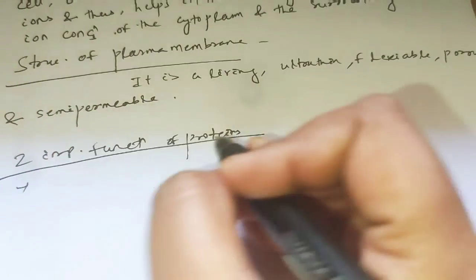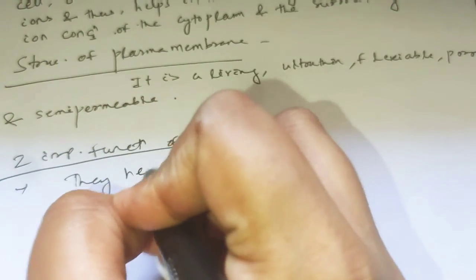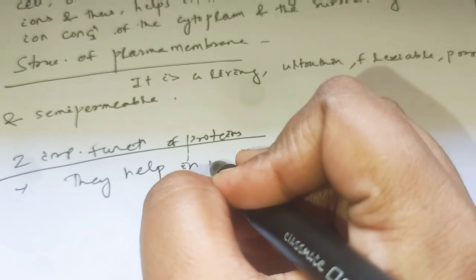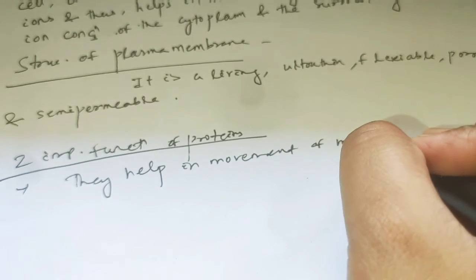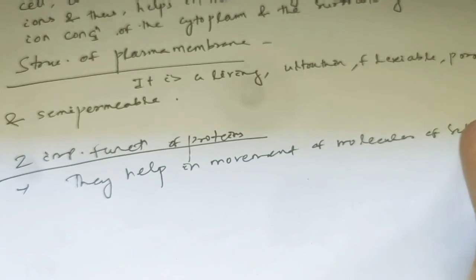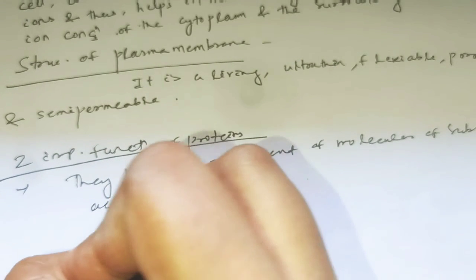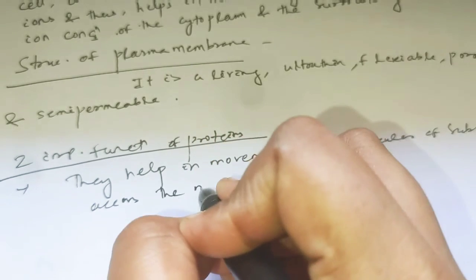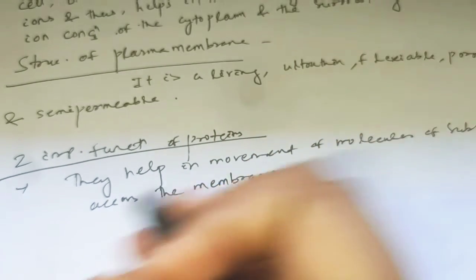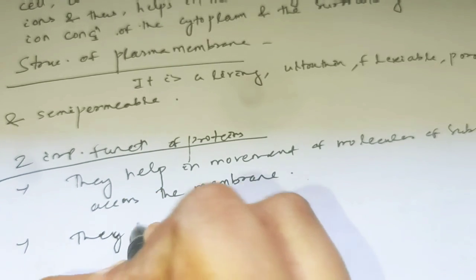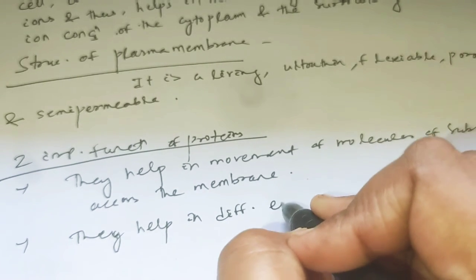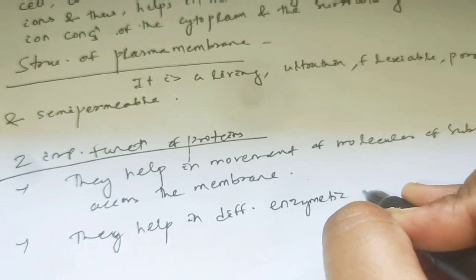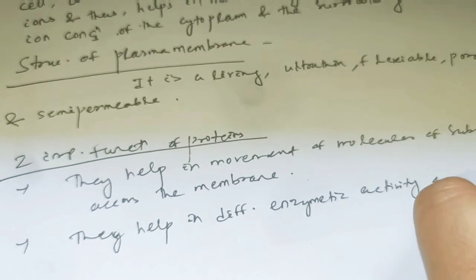So the protein is helpful in the movement of molecules of substances across the membrane. And the second one, they have different enzymatic activity of the membrane, or the plasma membrane.